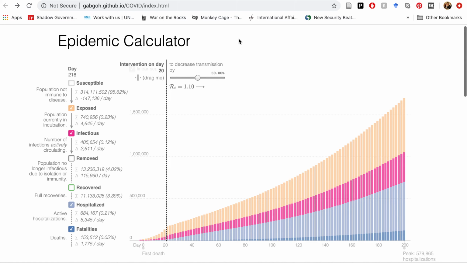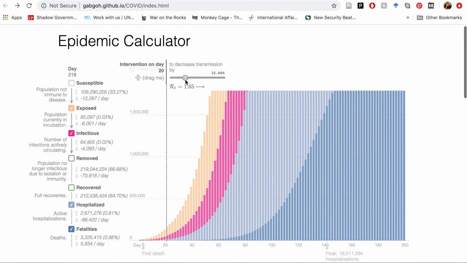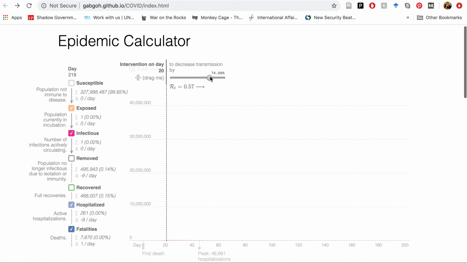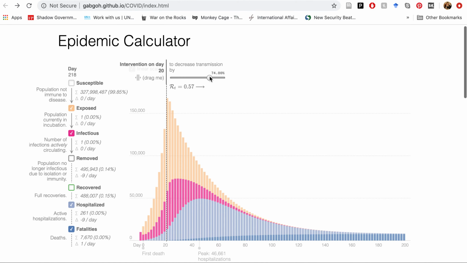You are left with 153,000 fatalities. Let's say it's still not that great. You have 3.2 million fatalities. So, once again, the effectiveness of intervention is incredibly important. We still have time, of course, to do so.